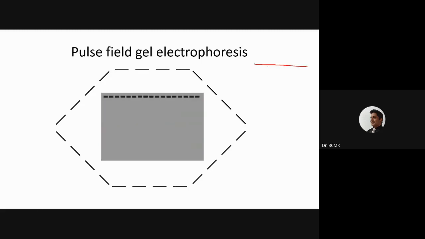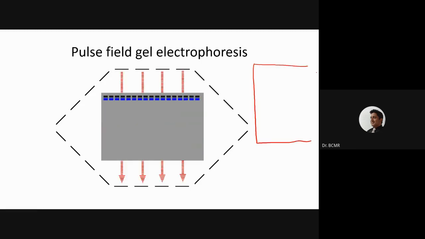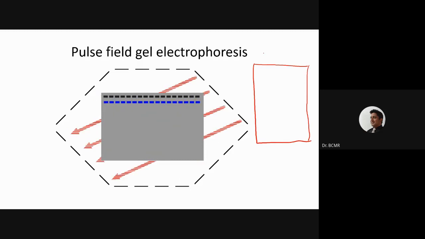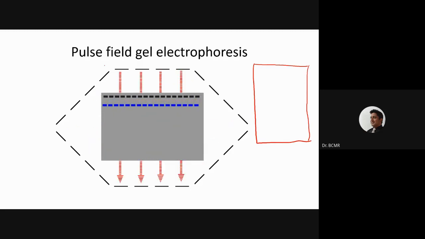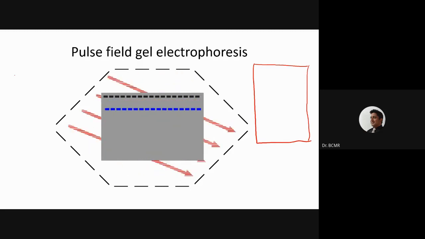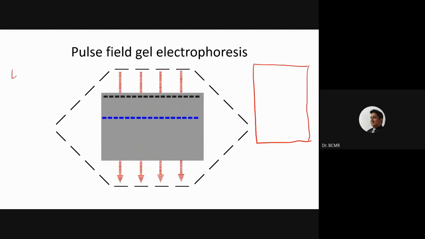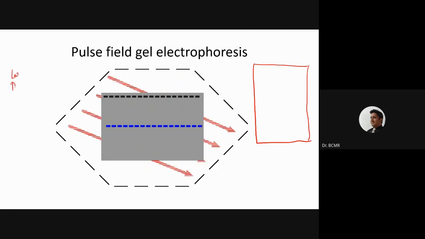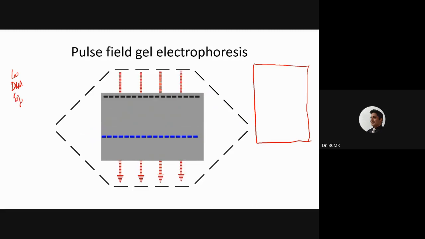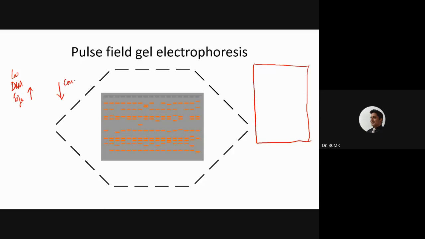So mostly when you are doing large DNA fragments, I hope you remember that if the size of the DNA is increasing, then you should decrease the concentration of agarose, isn't it?